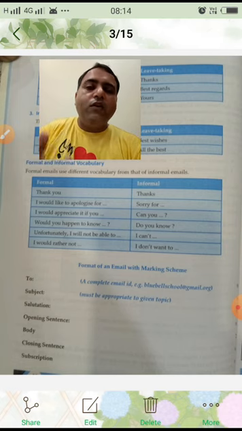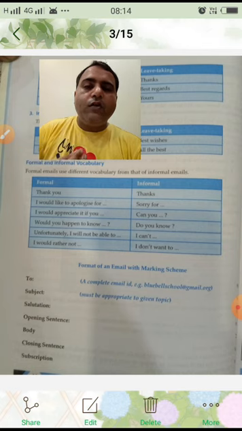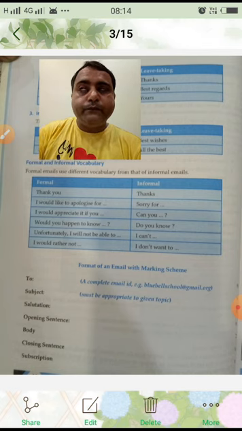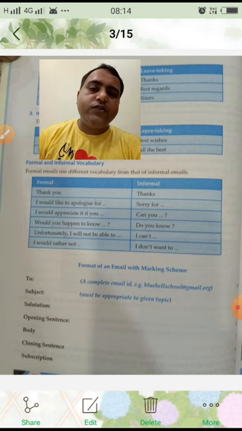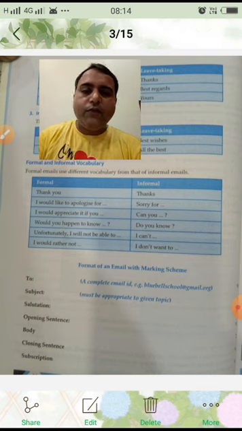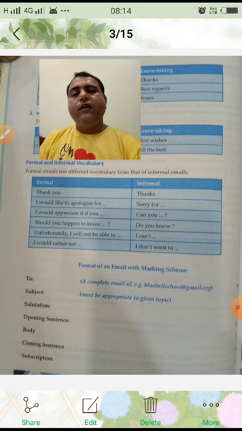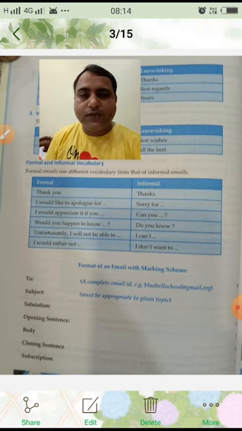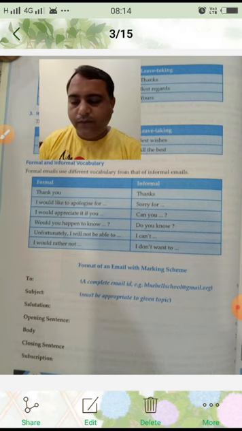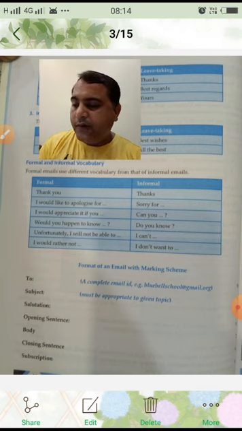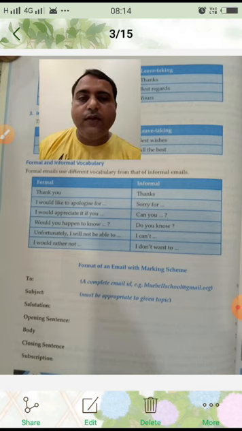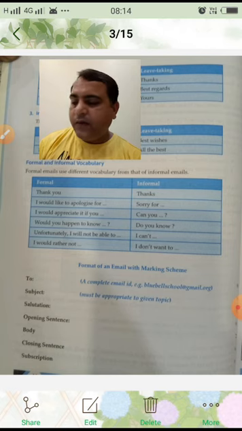That is, we are hoping that whatever we are saying to you in this letter, you will surely accept. Always we have to end our email with such a sentence, and thereafter the subscription will come.